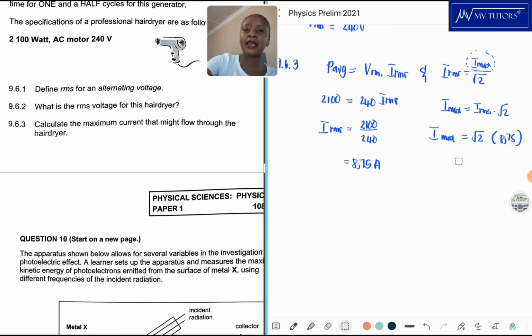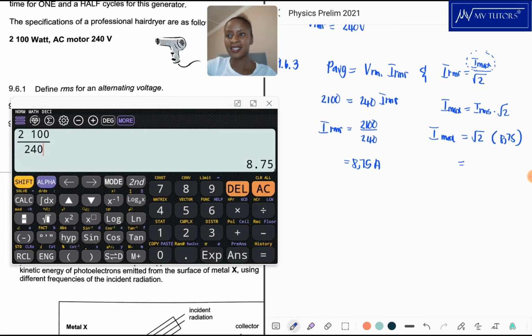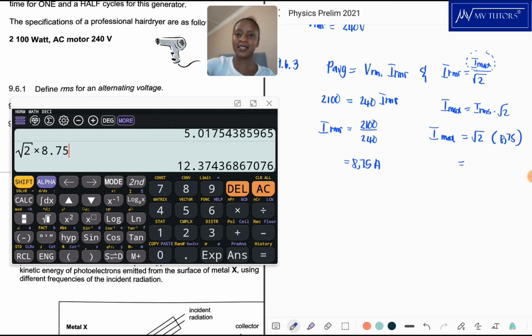If we work that out, root 2 multiplied by 8.75 is going to be 12.37 amperes, and that would be the maximum current.